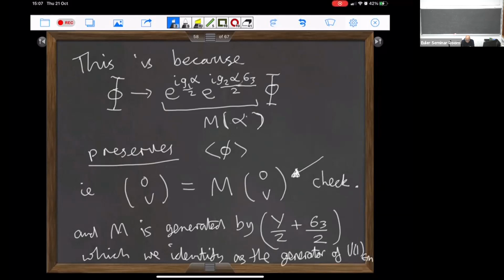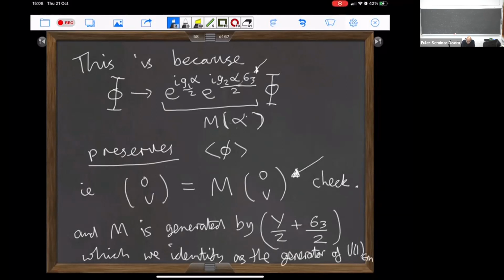The reason is that when you expand out the SU2 part of the matrix, you'll get a diagonal matrix with entries which are something like e to the i alpha over 2.